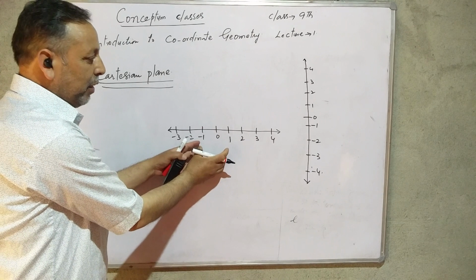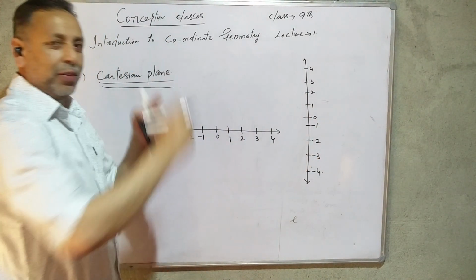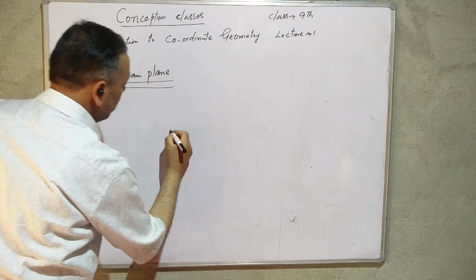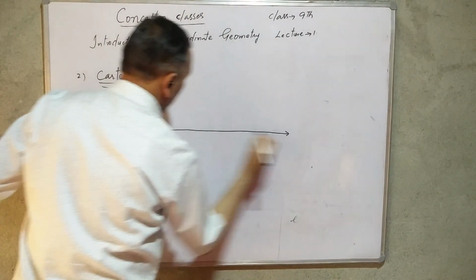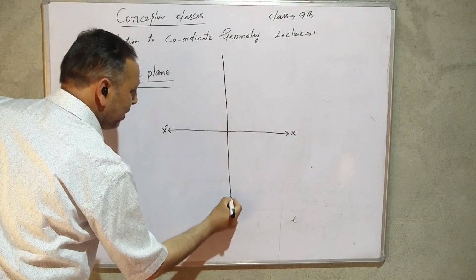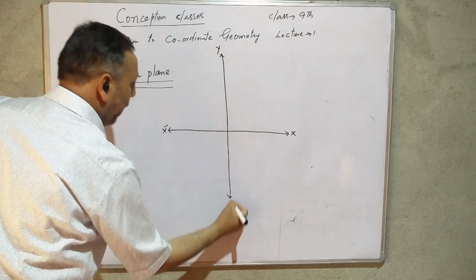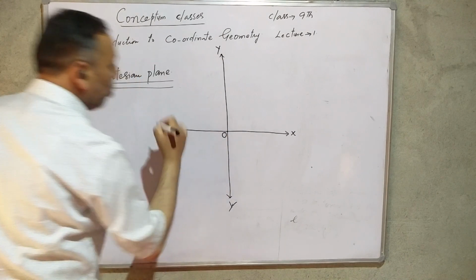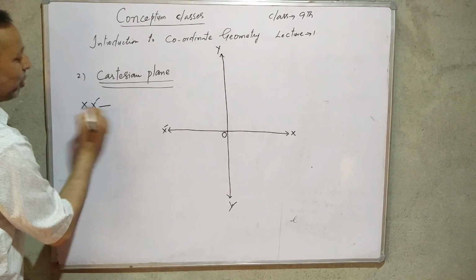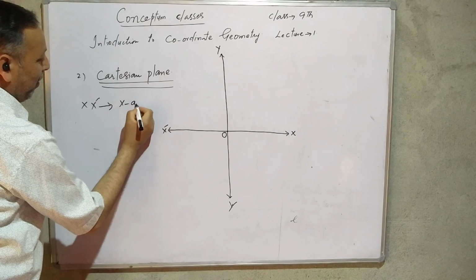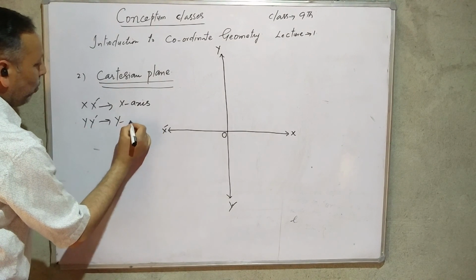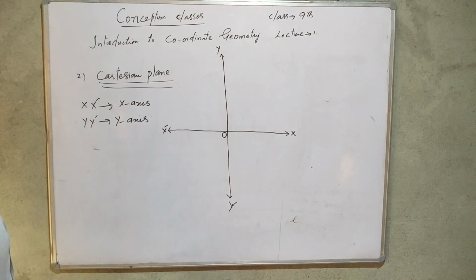If this horizontal line, which I name as x dash, and this vertical line, which I name as y dash, intersect each other at point O, then this horizontal line is known as the x-axis, and the vertical line is known as the y-axis.